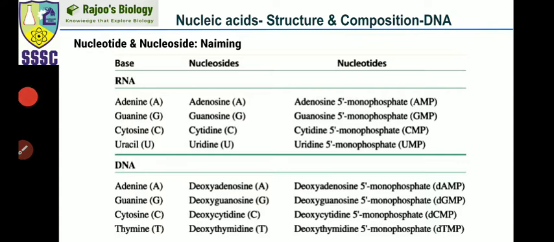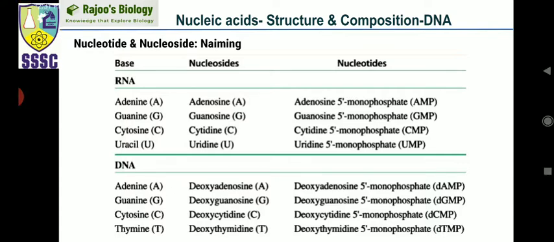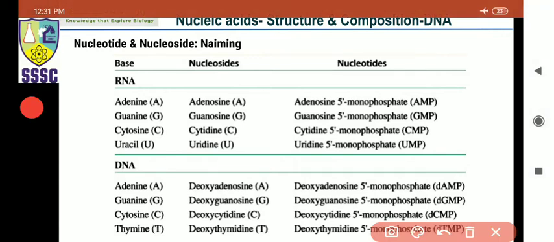So what is the naming system? Here you can see in RNA, a nucleoside means adenine nitrogen base plus ribose sugar, and then it is known as adenosine.